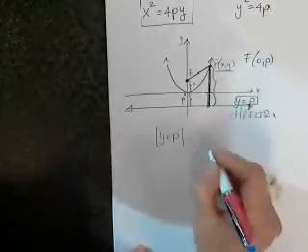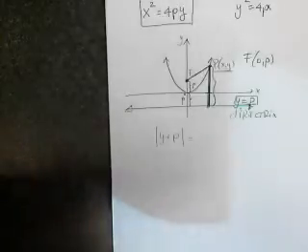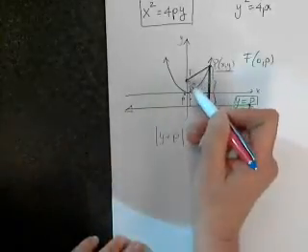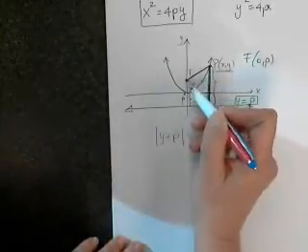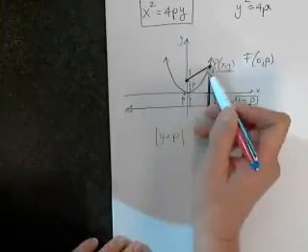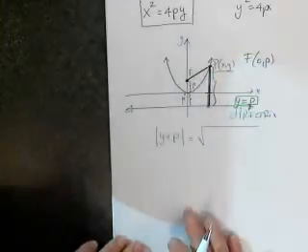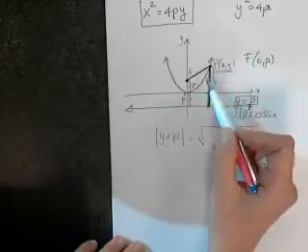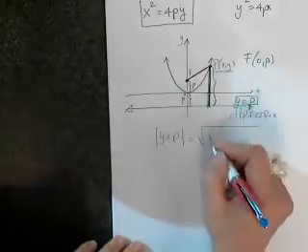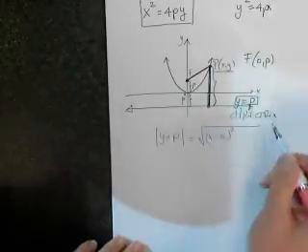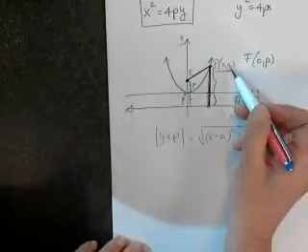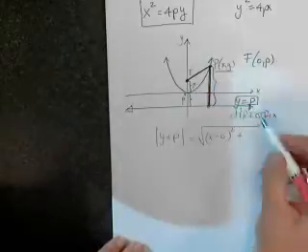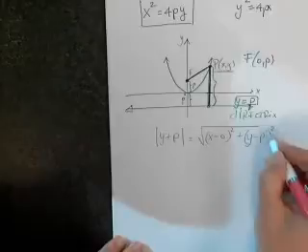Okay, and now this must equal, by construction, by the definition of the parabola, this distance. Can anyone give us the equation of this distance? It's the square root of (x minus 0) plus (y minus p), everything squared.